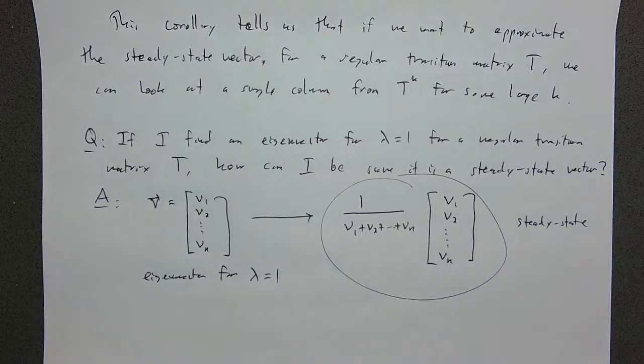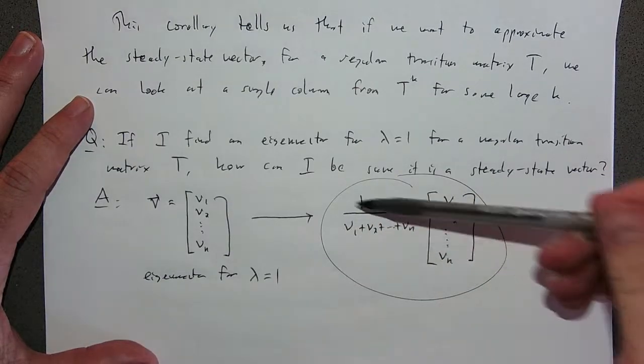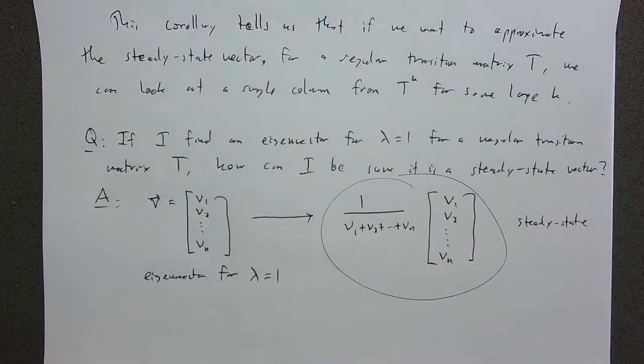And just by the algebra here, this makes sure that the sum of the entries of this new vector is exactly 1, because it's going to be v1 plus v2 plus and so on out to vn, over exactly this in the denominator, so it's going to be 1.